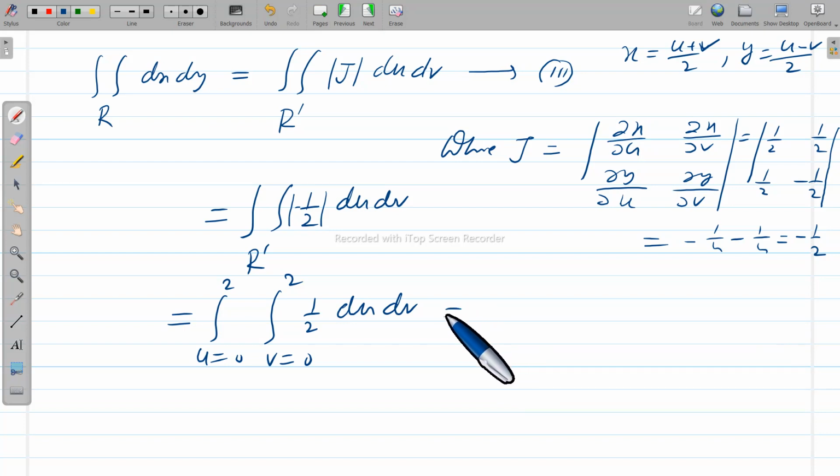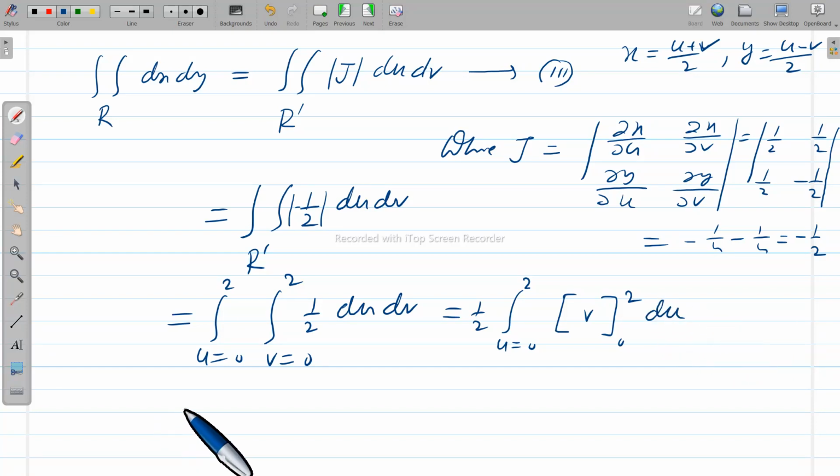Now here you may write 1 by 2 is outside, u is equals to 0 to 2, your v is coming 0 to 2, du. So ultimately it is coming 2 by 2, again 0 to 2 into du.